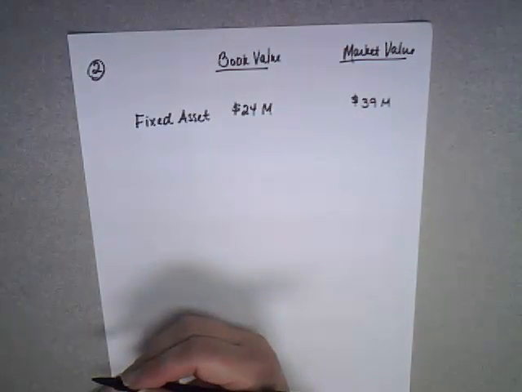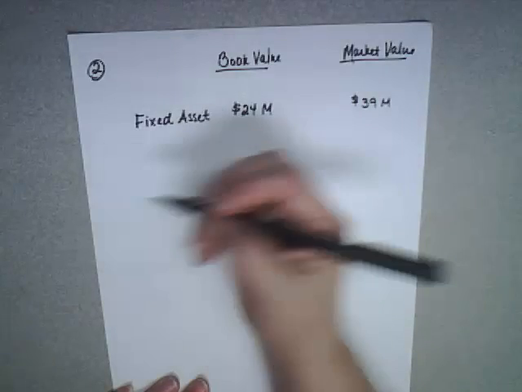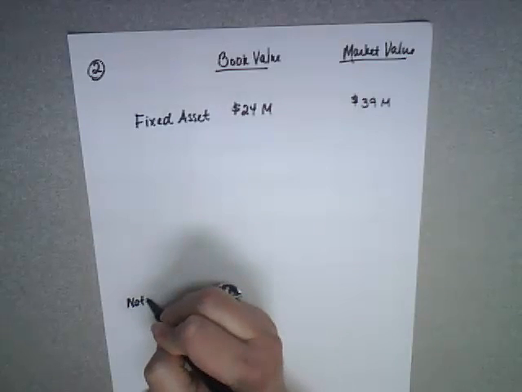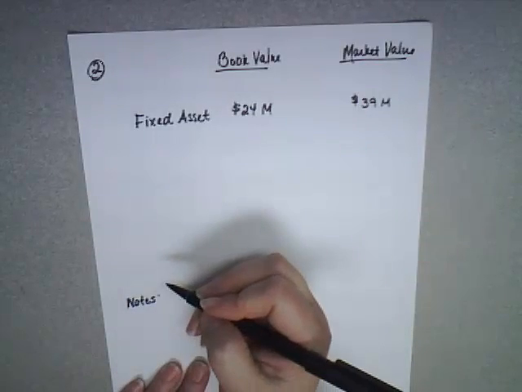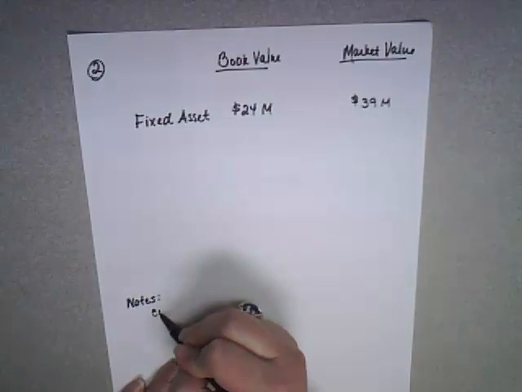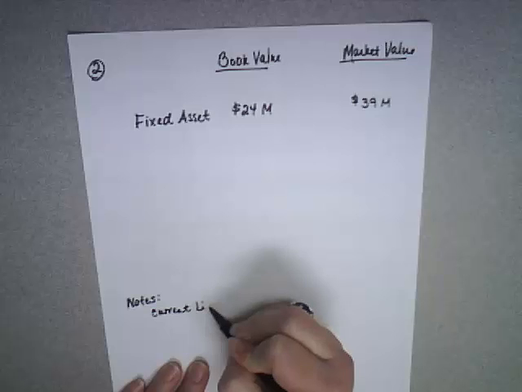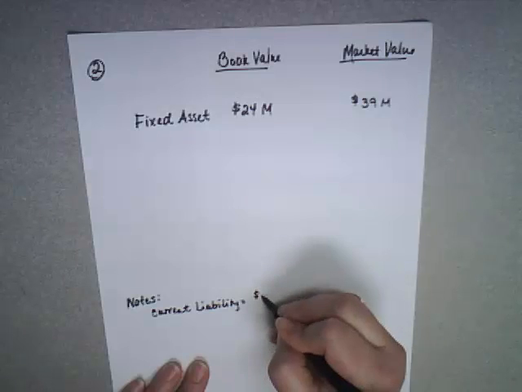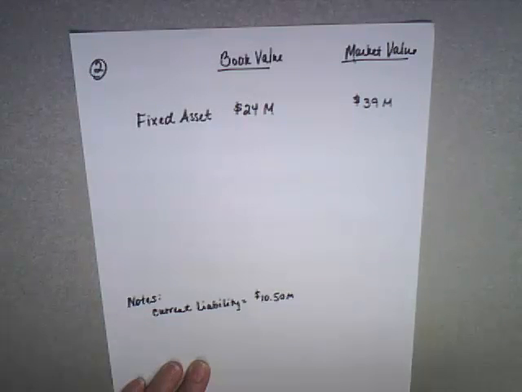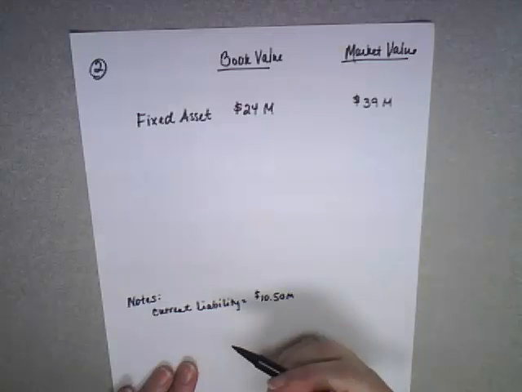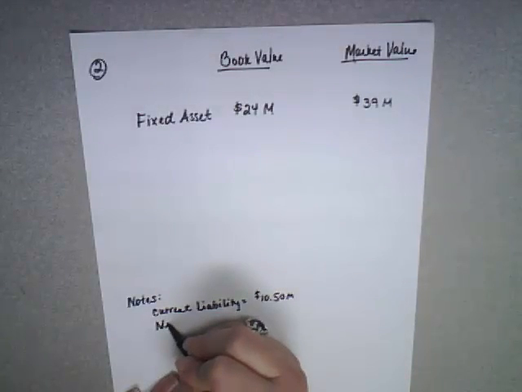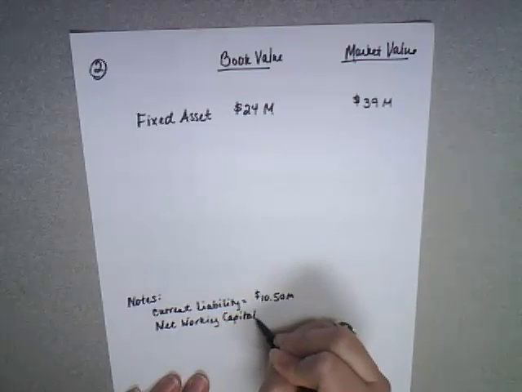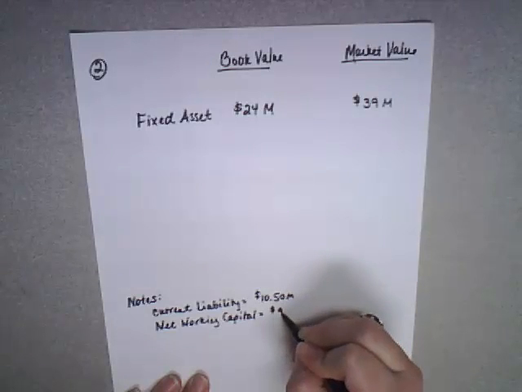Muffin's current balance sheet shows current liabilities of, and what I'm going to do here is I'm just going to make some notes down here at the bottom so we don't lose track of this information. Okay, we know that there is current liability of 10.50 million, and they have net working capital of 9.5 million.